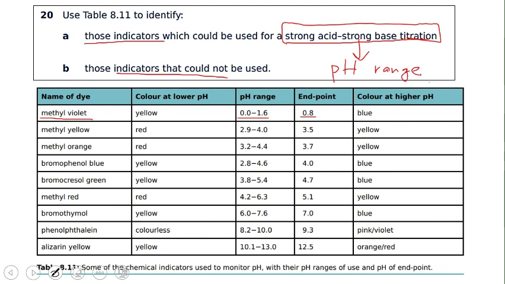We have to see what is the pH range of this strong acid and strong base, and then from the pH range of the indicator we can see which indicator is coming in the same range, because the indicator range and the acid base pH range should be the same, only then can the indicator work.